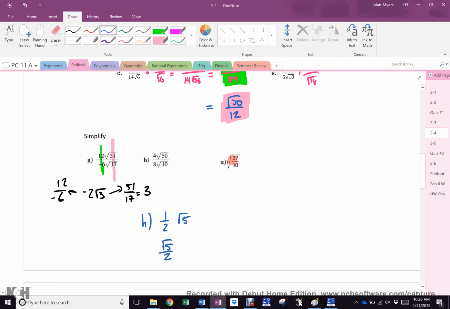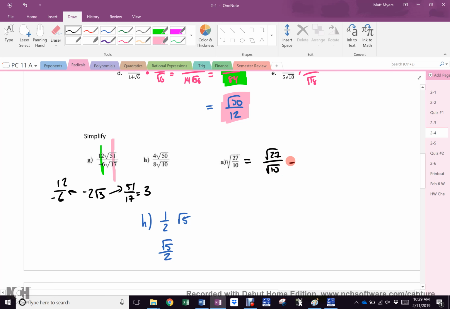Okay, what's weird over here? It's written weirdly. What is that really? Root 27 over root 10. Right? Agreed?